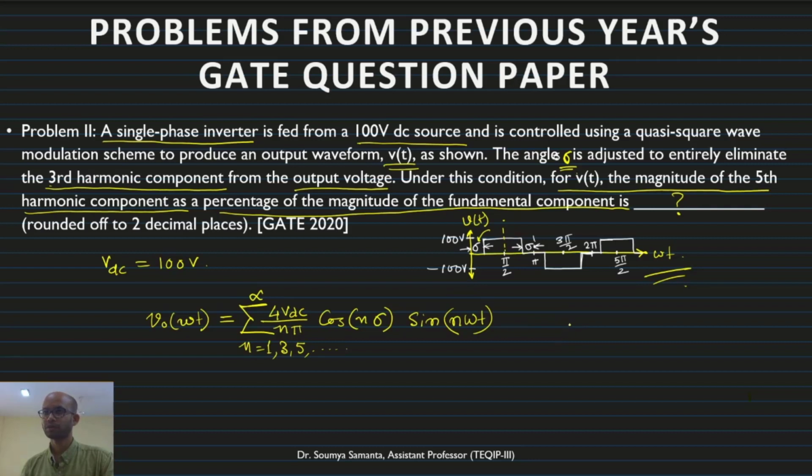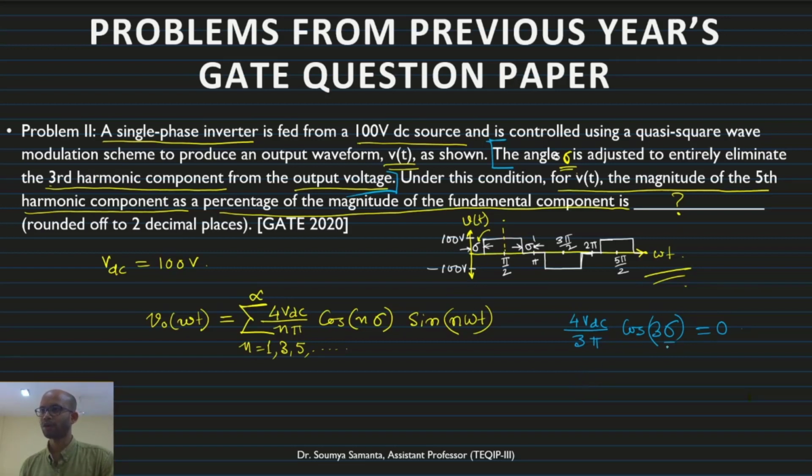That means 4 VDC by 3 pi into cosine of 3 times this angle equals 0. This is the meaning of this statement: the angle is adjusted to entirely eliminate the third harmonic component from the output waveform. So if the peak of this component is 0, that means it is completely eliminated.